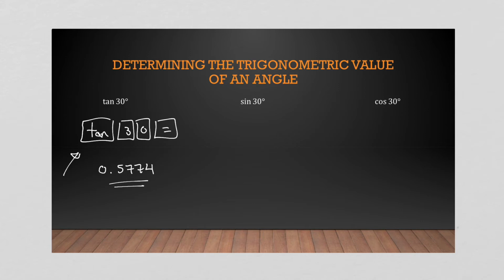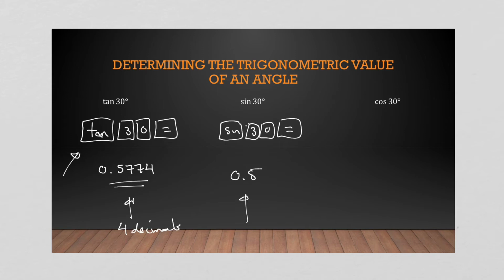So for sine 30, you're going to hit sine, key in your 3, key in your 0, and hit equals, and you should end up with the value, if you're in degree mode, 0.5. When necessary, you're going to round always to 4 decimals for trig. It helps with accuracy. But if you have something that ends like that, it just ends like that. Now hit cosine 30.